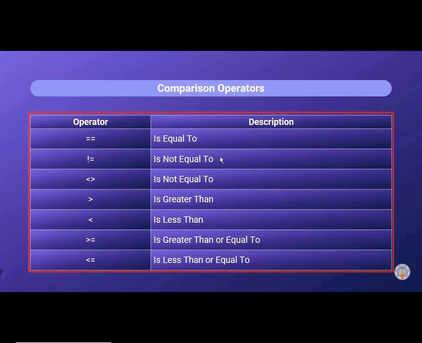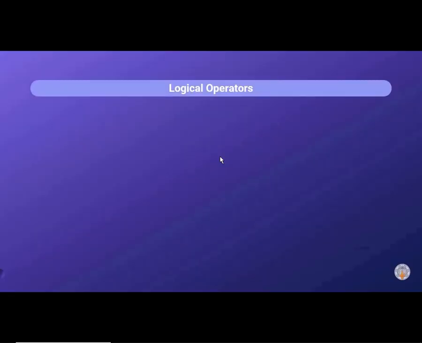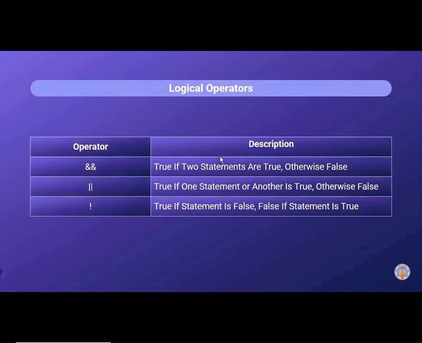These comparison operators we use mostly in conditional statements. Conditional statements we will see in a later part. And the last is logical operators: and, or, and not. For the and operator, suppose we are testing two conditions and we want to check whether both conditions are true, then we can use the and operator.